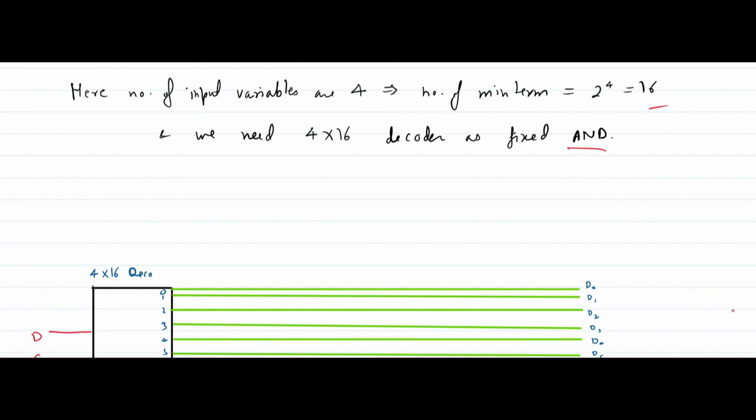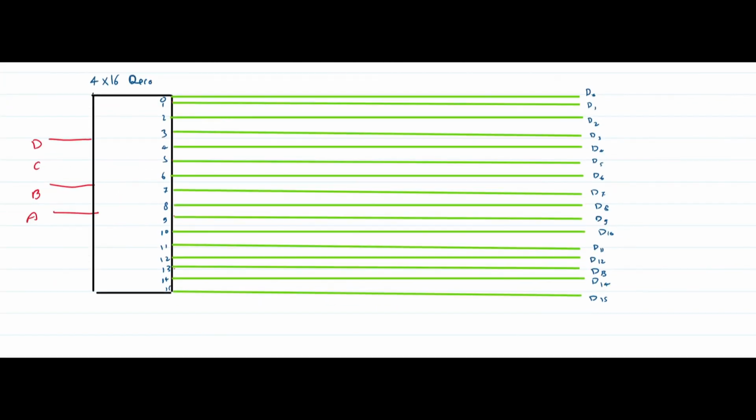As a fixed AND gate. So I draw that A B C D, and a 4 cross 16 decoder is used, and these are the min term lines, right? This will be the output from the decoder. 0 1 2 3, these are corresponding min terms, right? So suppose D0 is min term 0, so it is nothing but a' b' c' d', like that.